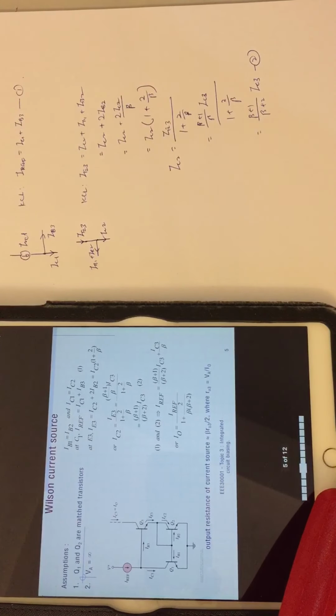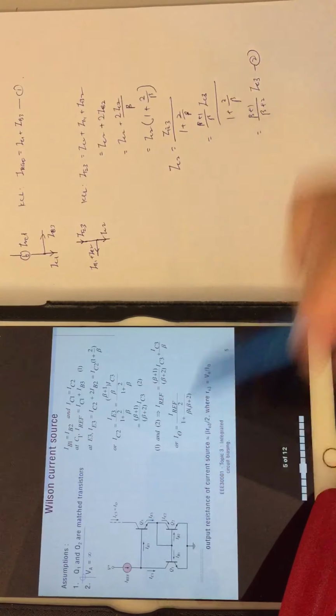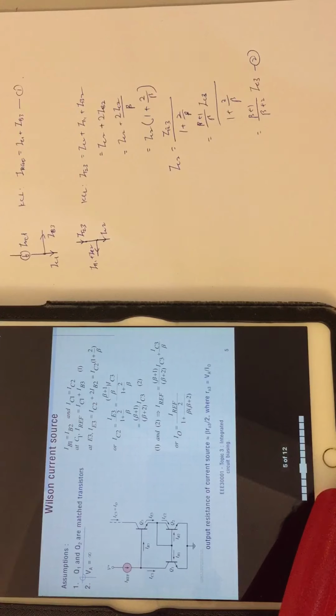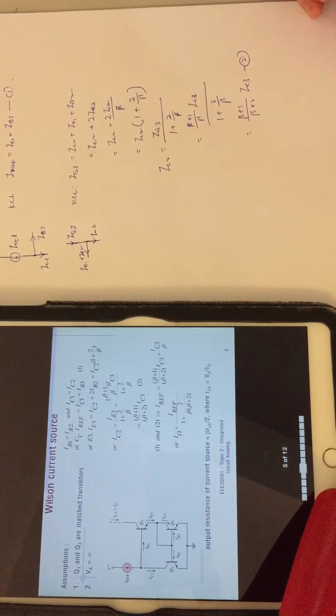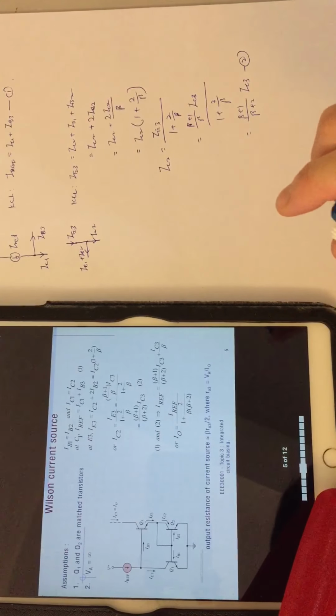Alright. So what we need to do now is just substitute equation 2 into equation 1. And we can derive the expression for the output current, IO, and IO is equal to IC3. So we have IO equals I reference over 1 plus 2 over beta multiplied by beta plus 2.